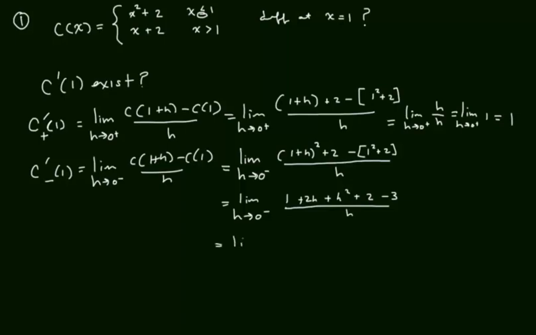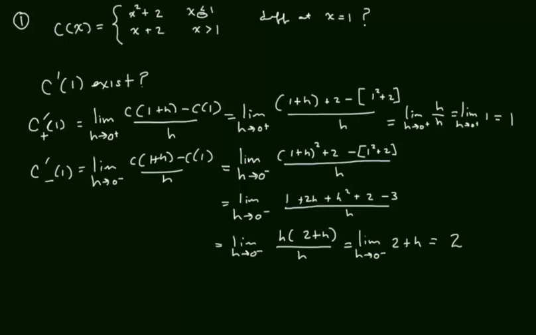Keep on going here. Limit as h goes to 0 from the left. We can factor an h out of this. Some simple algebra. And this is going to leave us with 2 plus h, and in the end, that equals 2.